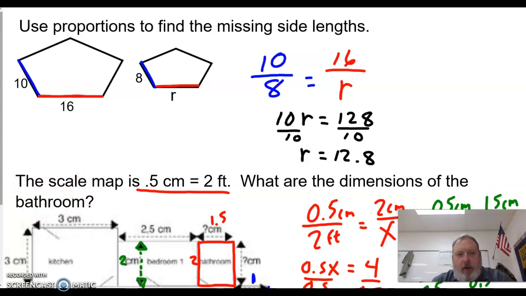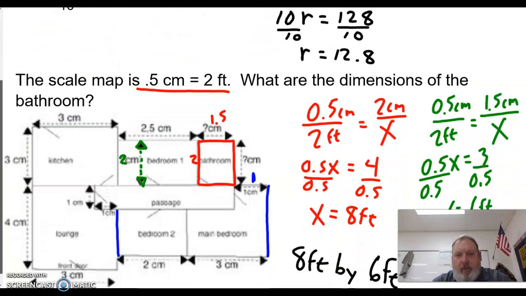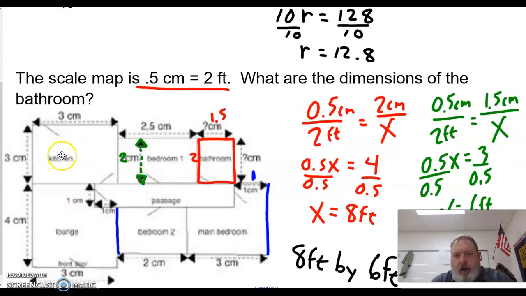All right, down below here, you see this scale map of a home, and it says that for this scale, 1/2 of a centimeter equals 2 feet. What are the dimensions of the bathroom?